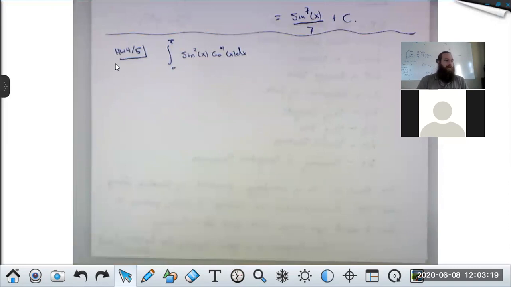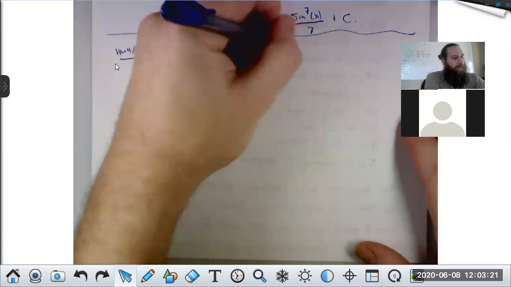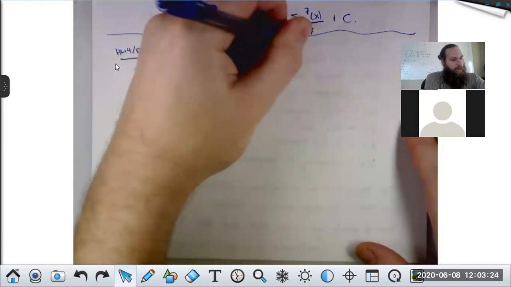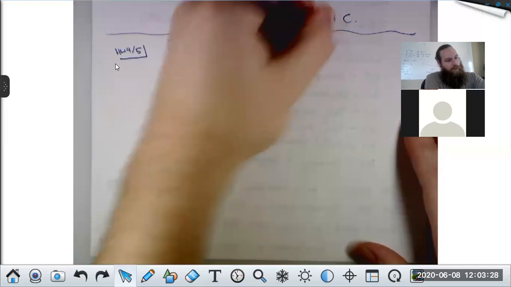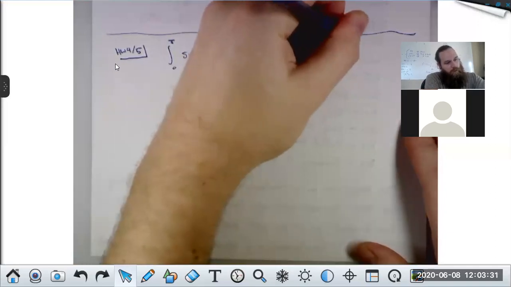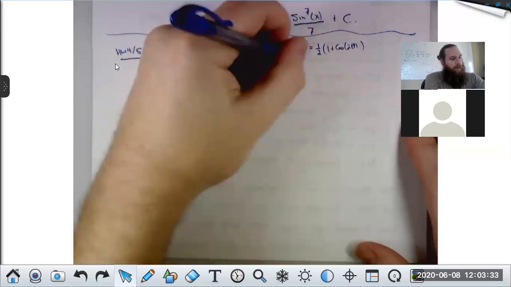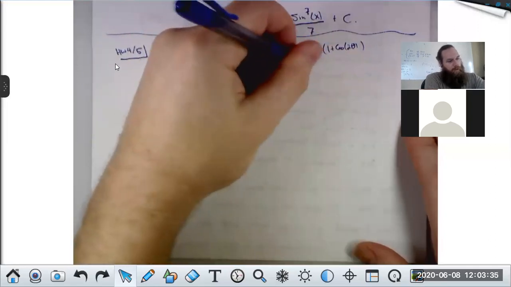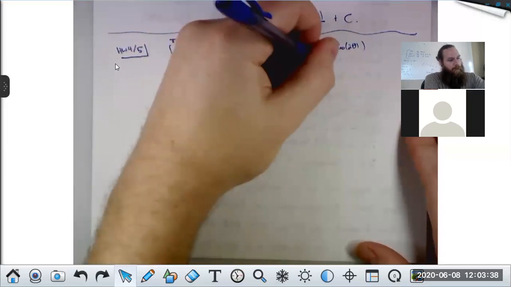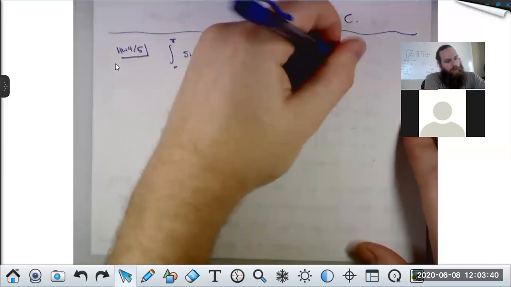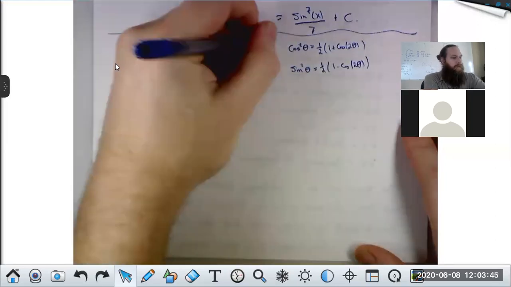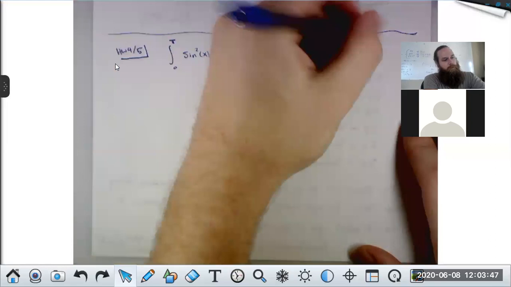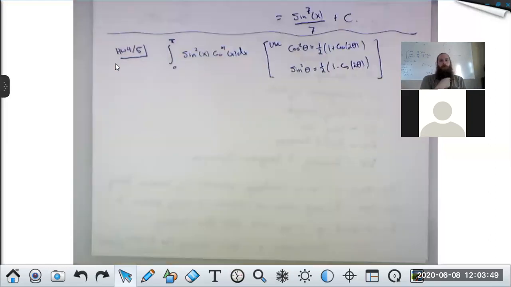In the not nice case, the only thing we can do is beat these things to death with the following identities, which I will write here in terms of theta so that we can substitute in them later to get the other versions that we'll need. So we're going to use these because both powers are even. There's nothing else we can do really.